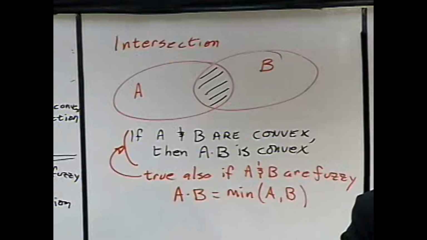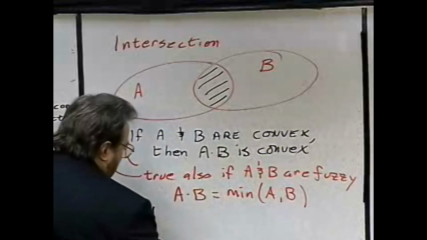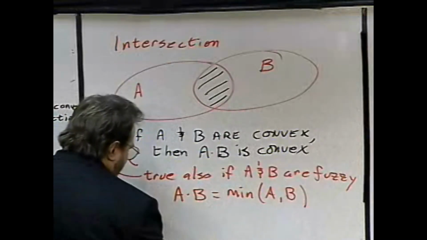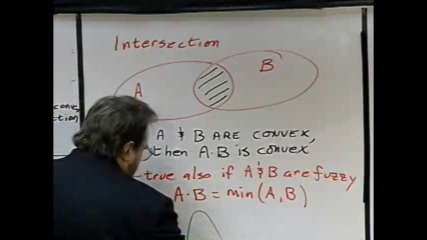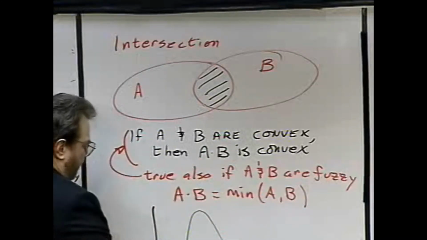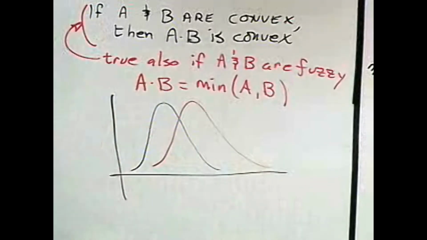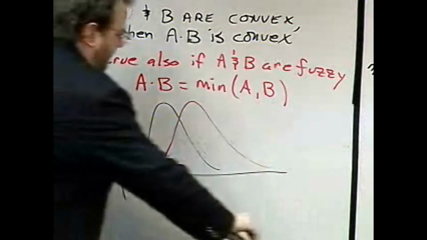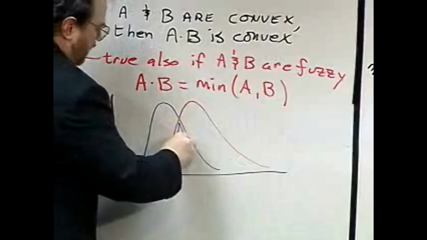Okay. So there is a proof on page 16 of the notes. But at least let's give this a little bit of lip service here. If we have a fuzzy convex set in one dimension, and we have another fuzzy convex set, and we take the intersection of the two, the intersection, of course, is the minimum.